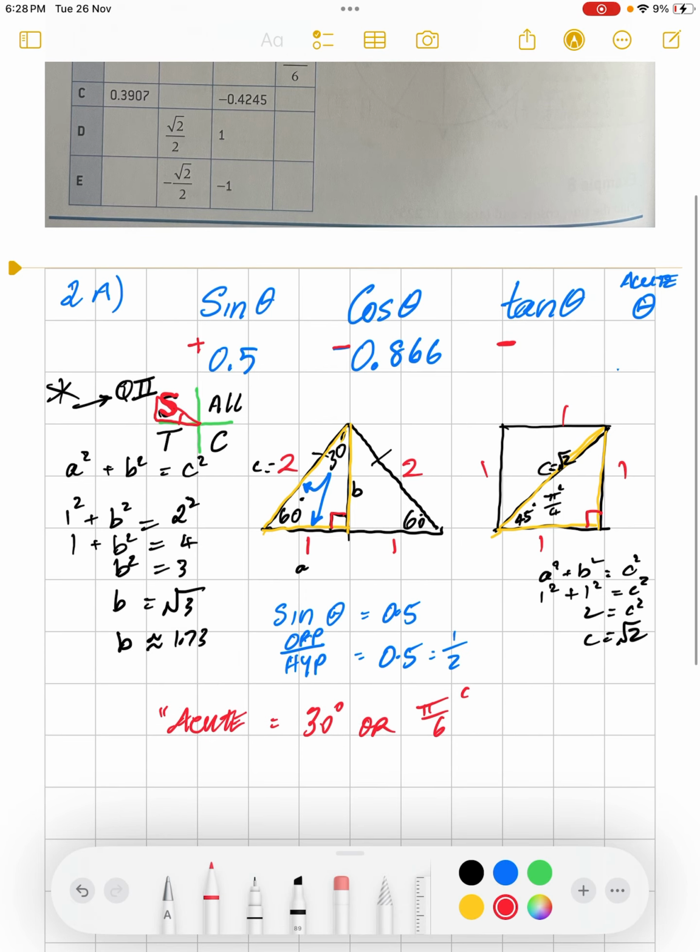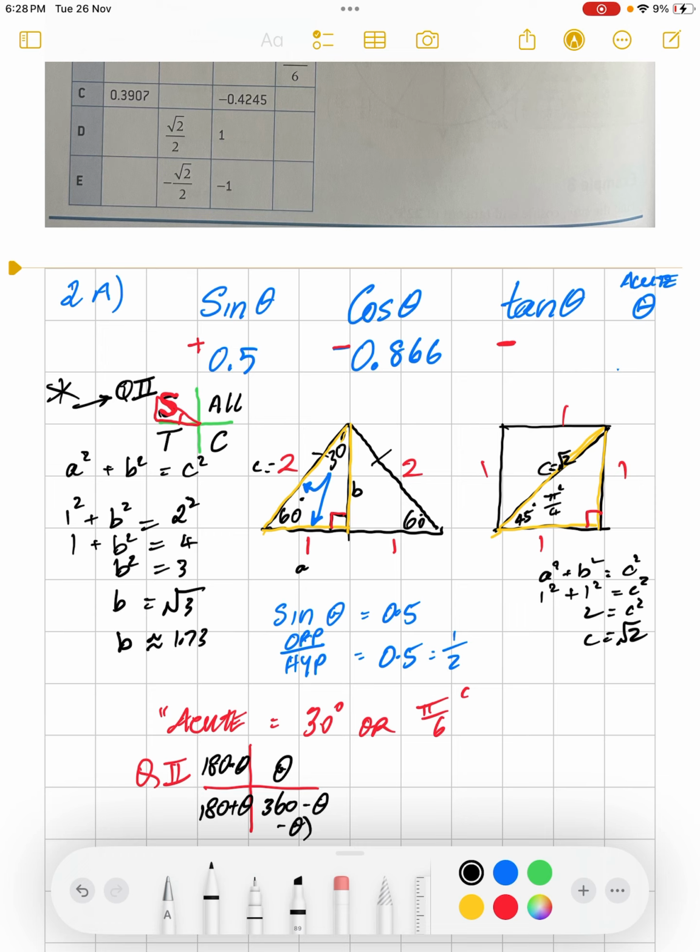In quadrant 2, I'm going to put the 4 rules that you should know. Theta is the acute angle. 180 minus theta is the angle in the second quadrant. 180 plus theta is the angle in the third quadrant. 360 minus theta, or minus theta, in the fourth quadrant.